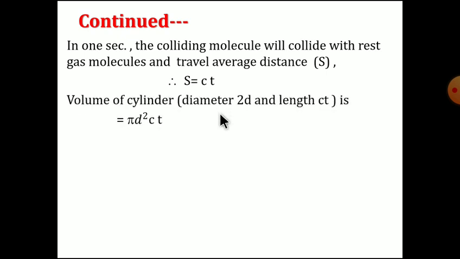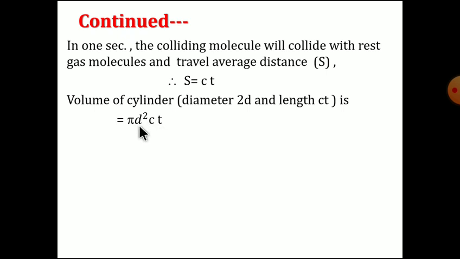Now we find the volume of the cylinder. Once we find the volume, you must know the radius of the cylinder and its length. The diameter of the cylinder is 2d and its length is C into T. Therefore, the volume of the cylinder is pi into radius squared multiplied by length.